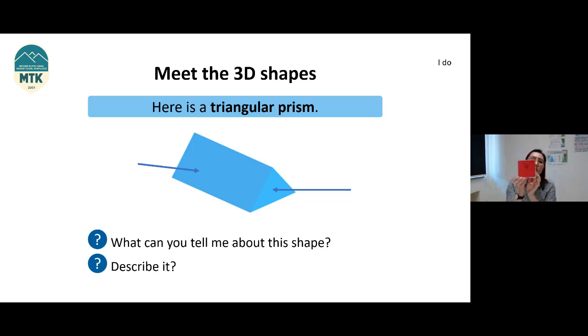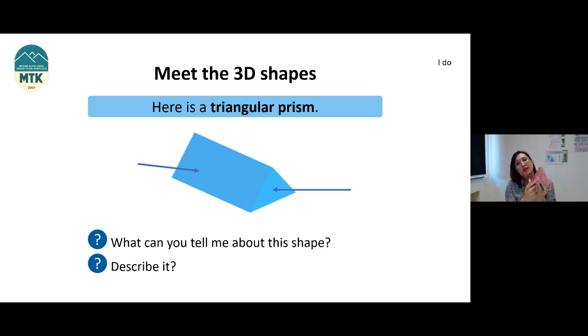What shape does it remind you of? Does it look like a circle? Like a rectangle? Like a square? So it looks like a rectangle. So it's a rectangular face. And there are 1, 2, 3 rectangular faces on our triangular prism.